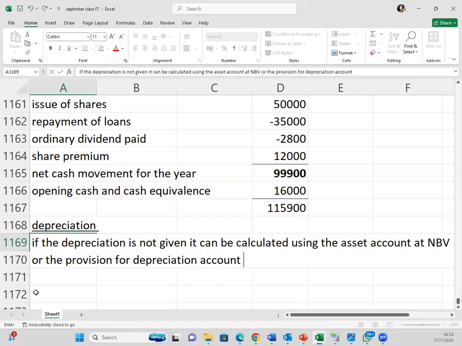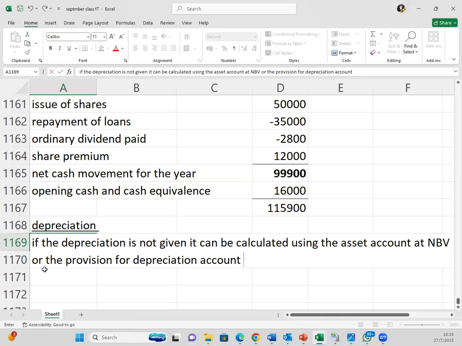So if you're not given the depreciation, you can use those two accounts to figure out the amount for depreciation, depending on the question. You look at the question, you see from the information given, what is it that I can calculate?